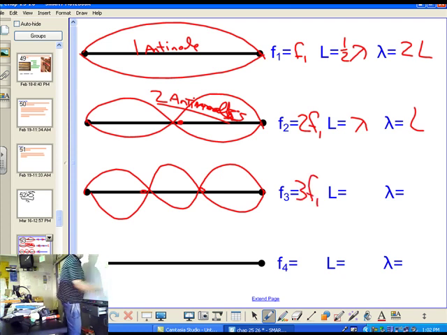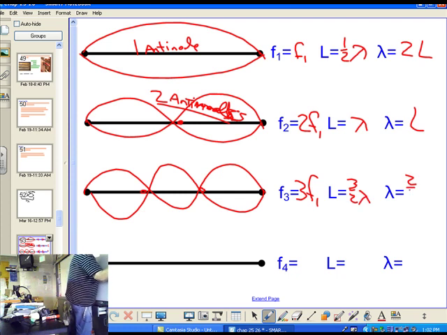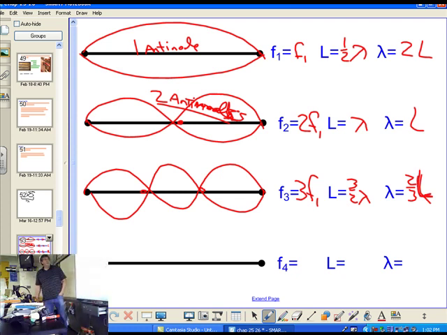That's 3 times the fundamental. The length is 3/2 lambda, so lambda is 2/3 the length of the string. See if you can predict the next values. Put in the next values.